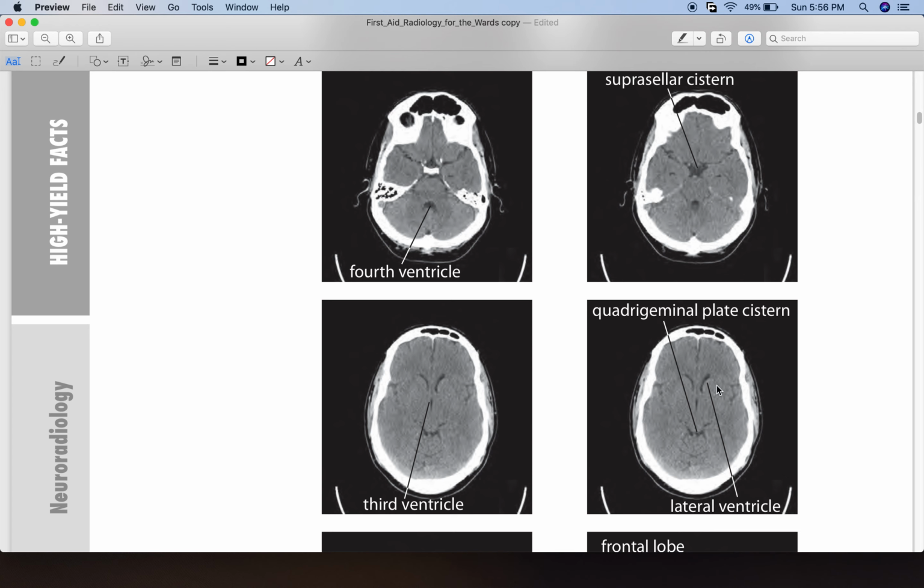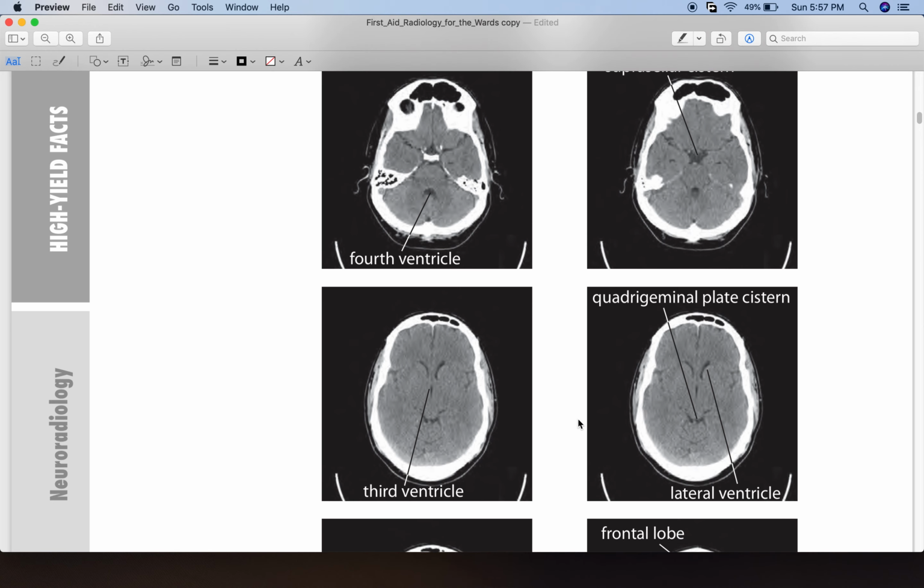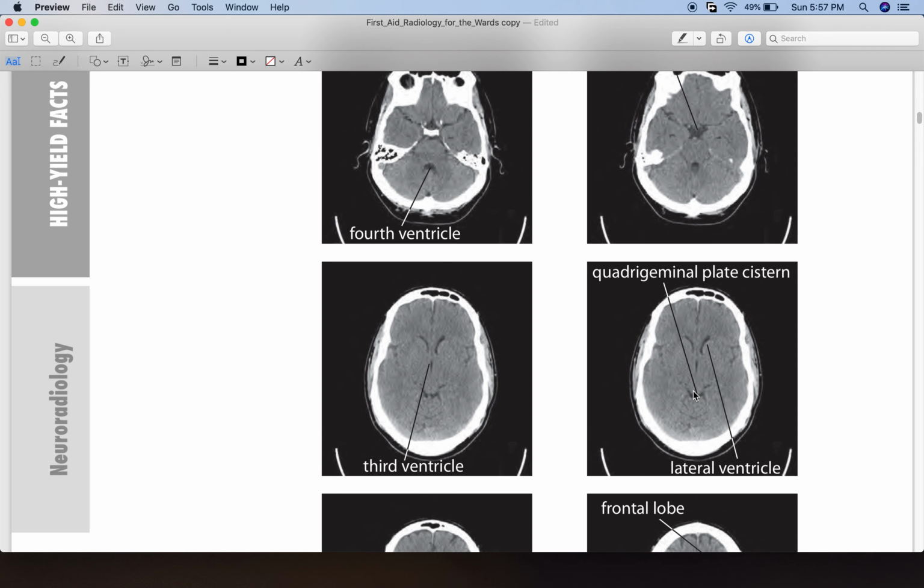when we go farther, we can also see the quadrigeminal plate cistern. Of course, you can see that in the picture on the left, but he just wanted to show it in another picture. So it's basically at the same level currently. But here you can see the two lateral ventricles, and there we have the quadrigeminal plate cistern.